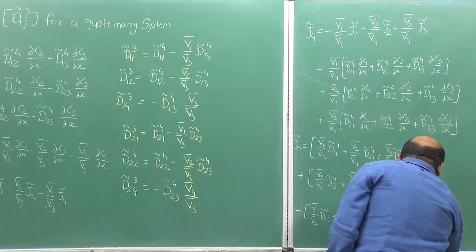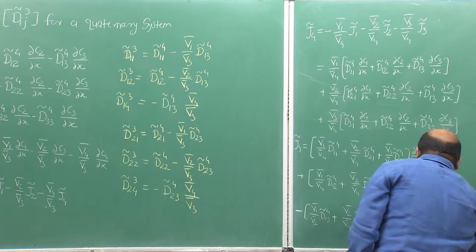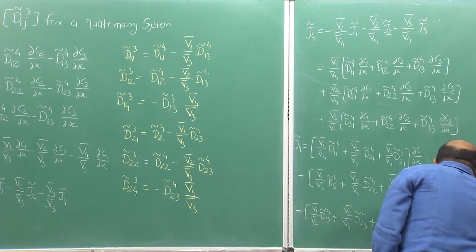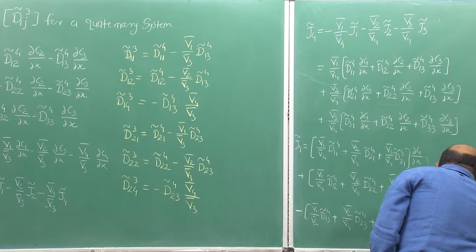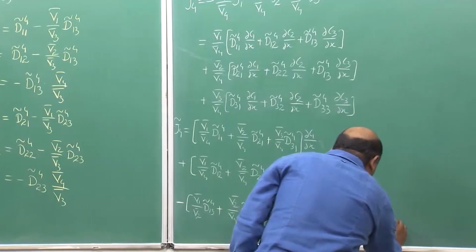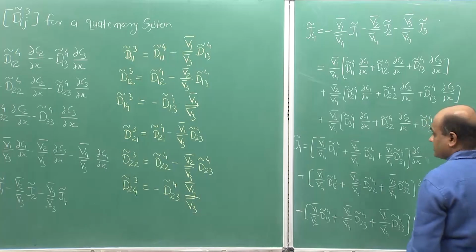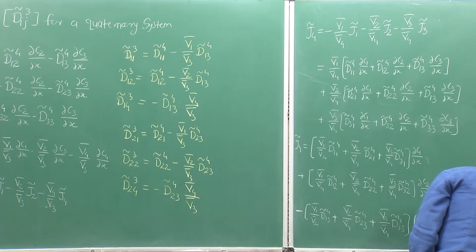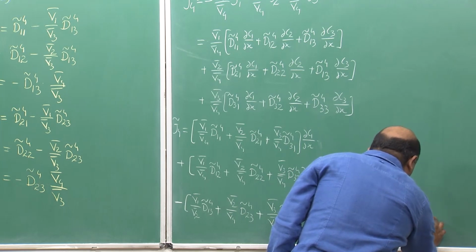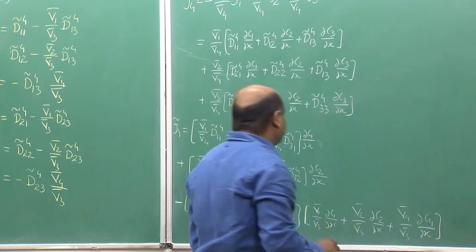V1 bar over V3 bar ∂C1/∂x plus V2 bar over V3 bar ∂C2/∂x plus V4 bar over V3 bar ∂C4/∂x.